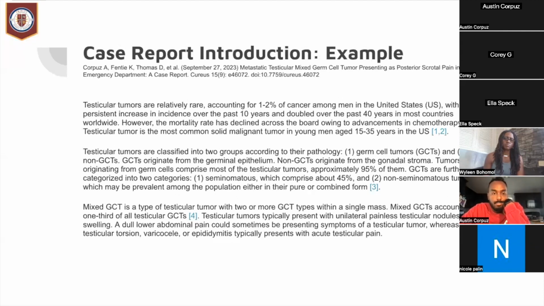Testicular tumors are classified into two groups according to their pathology, germ cell tumors and non-germ cell tumors. They are further categorized into seminomatous and non-seminomatous tumors. Mixed germ cell tumor is a type of testicular tumor with two or more GCT types within a single mass and accounts for 1/3 of all testicular germ cell tumors.